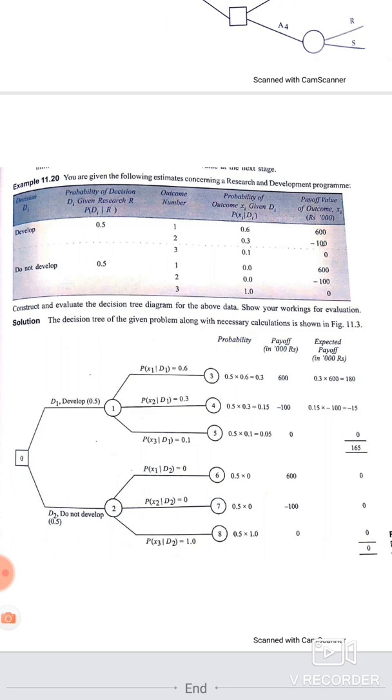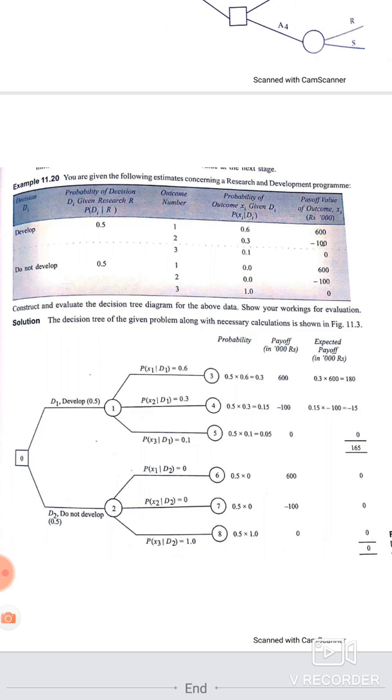So for the decision tree of the given problem, first we have to draw a square, because the square symbolizes the decision point from where the decision making will take place.